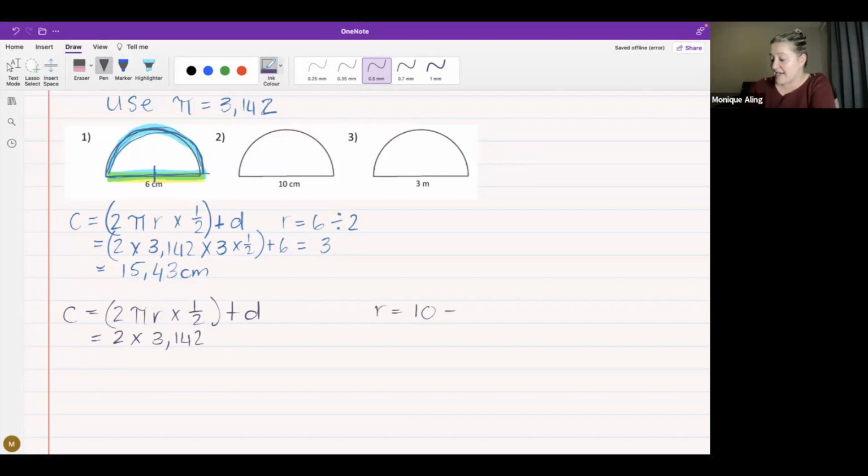So the diameter is 10 divided by 2, so the radius is 5. Substitute 5 into the formula and times by half because it is half a circle. Alternatively, you can just divide by 2 at the end. And we add the diameter, the flat piece of our circle, and that gives you an answer of 25,71 centimeters.